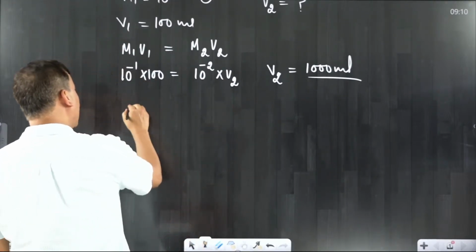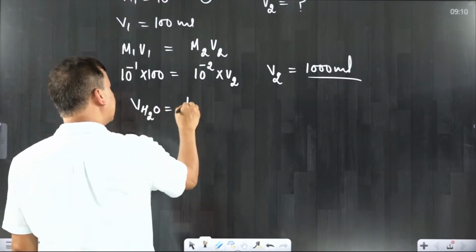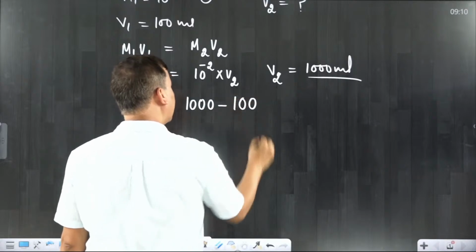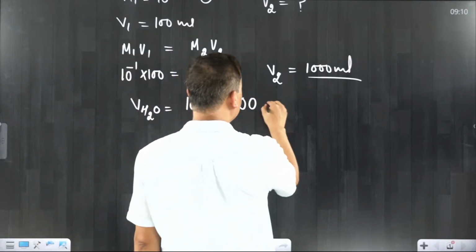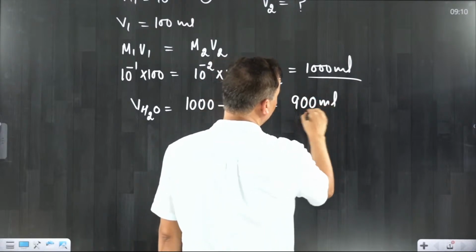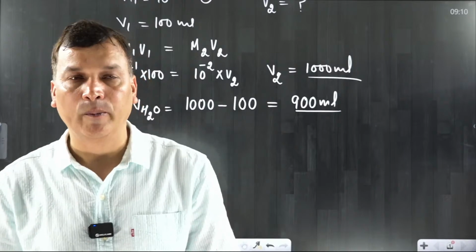So what will be the volume of water that you have added? That is 1000 minus 100, which is equal to 900 ml of water added in the solution to make its pH equal to 2.